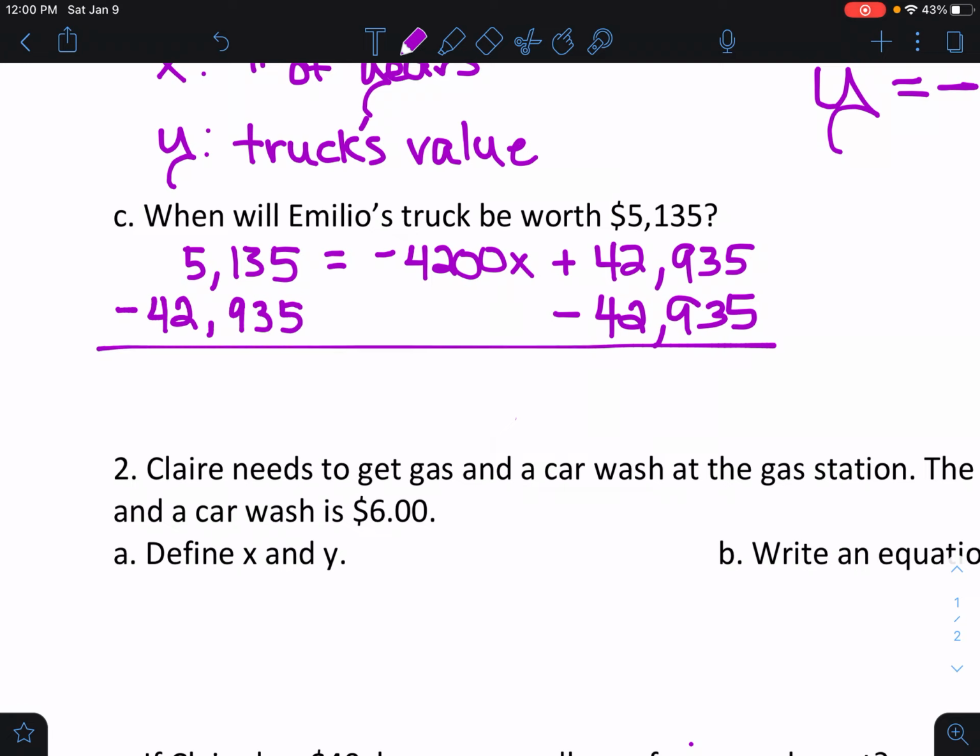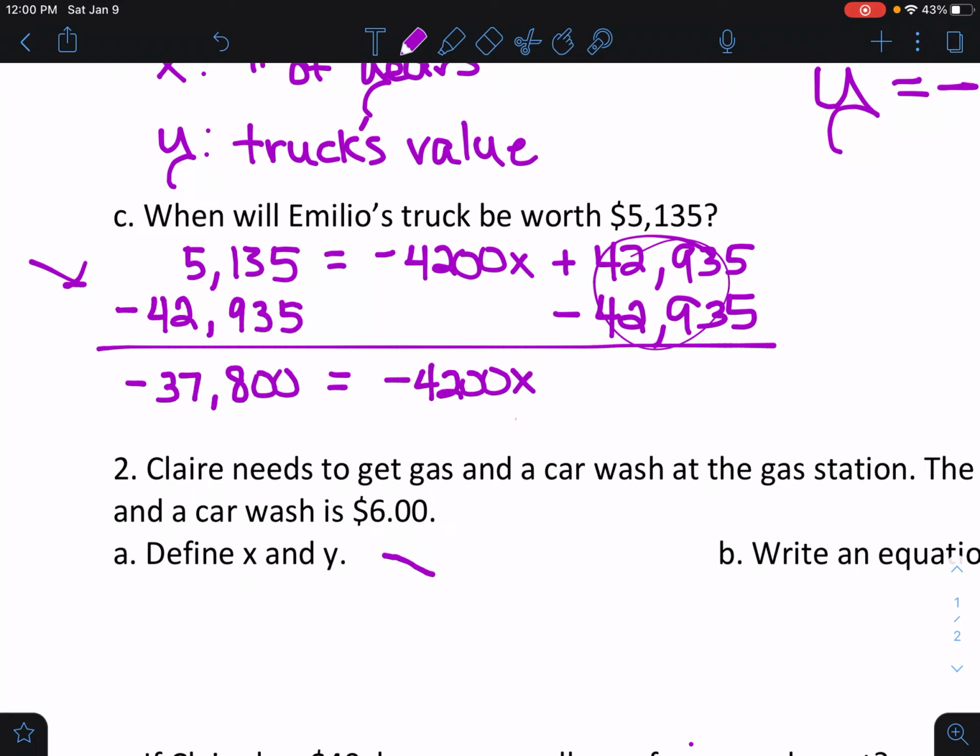Then you type this into your calculator: 5,135 minus 42,935. You should get negative 37,800. This cancels out. That's what we wanted.